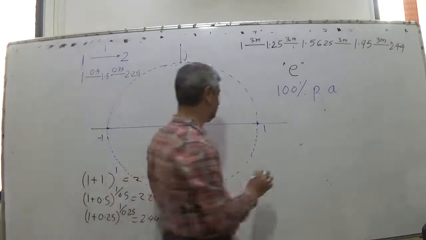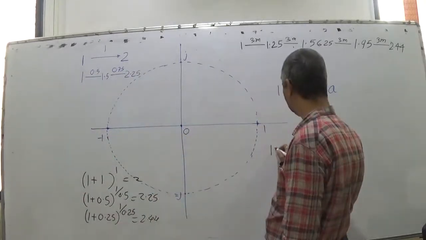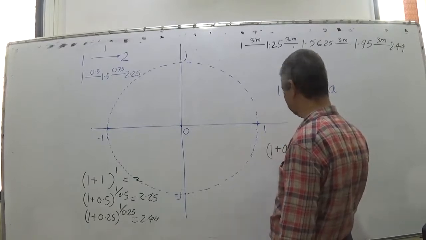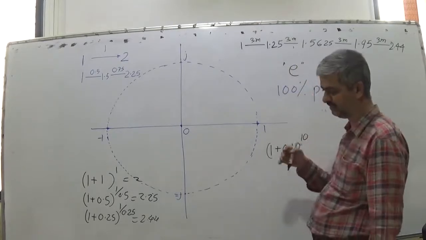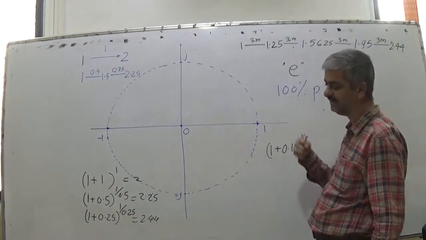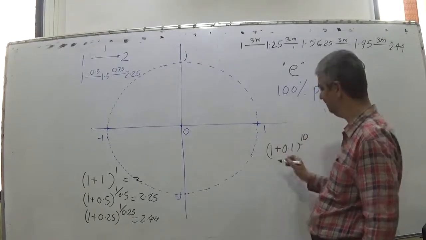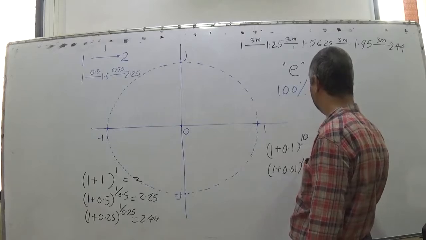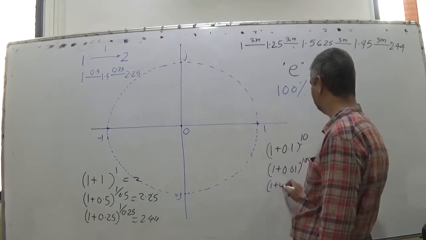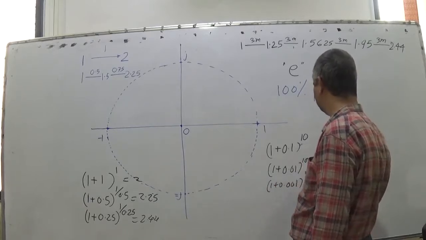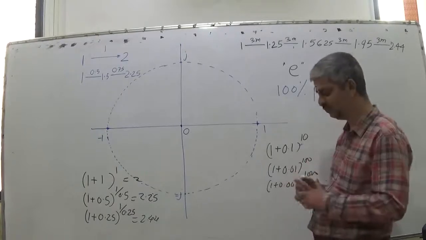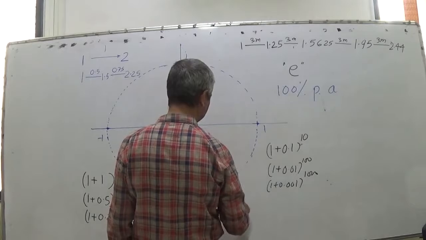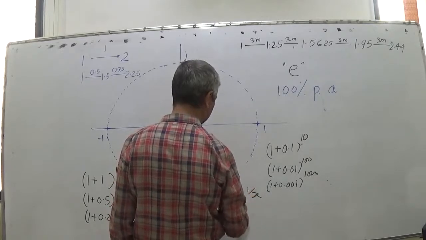So like that I can say 1 plus 0.1 raised to 10. So if I give it 10 times in a year, 1/10th of a year, then 100th of a year, 1000th of a year. In general I can say it as 1 plus x raised to 1 upon x, and x tends to 0.